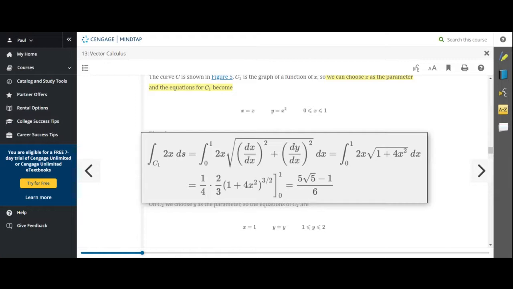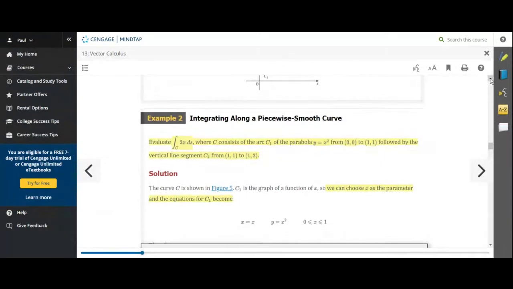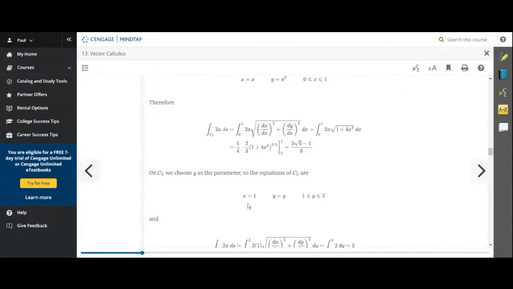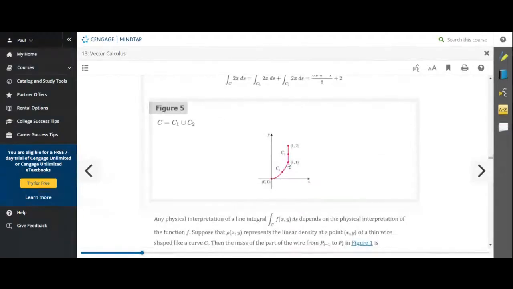Okay, well now let's look at the second line integral. The second curve is that vertical line segment that goes from 1, 1 to 2, 2. So what they do is they say, okay, let's let y be the parameter. And it makes sense. For the second curve, C2, remember, C2 is this line segment that goes from 1, 1 to 2, 2.